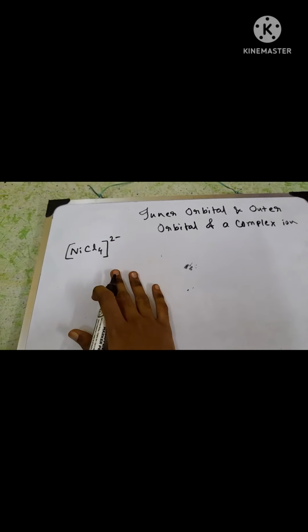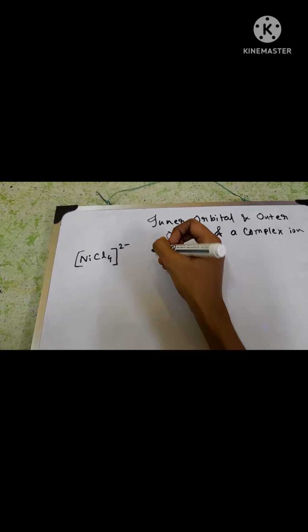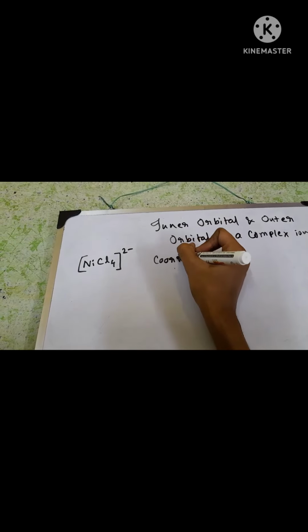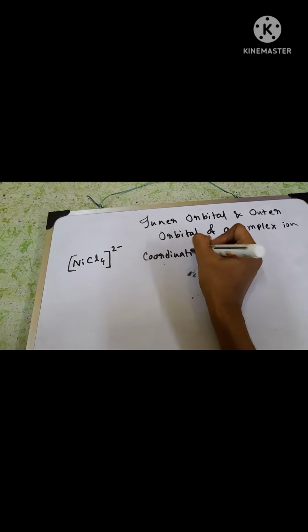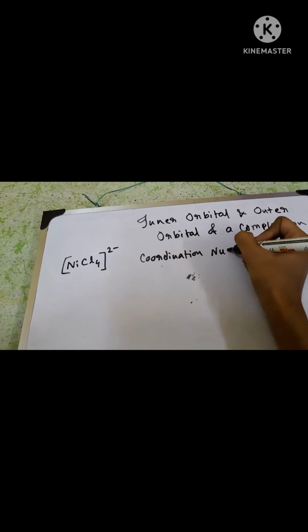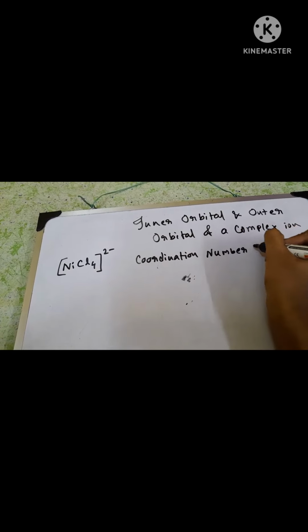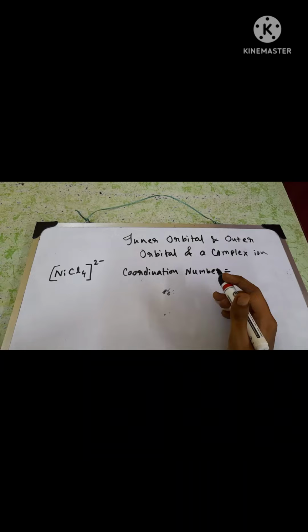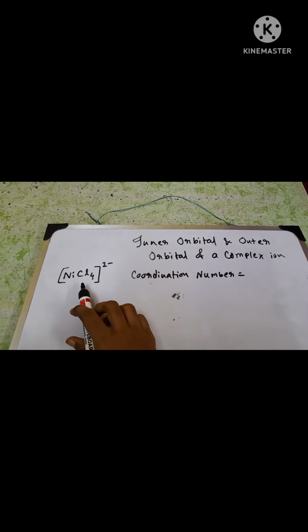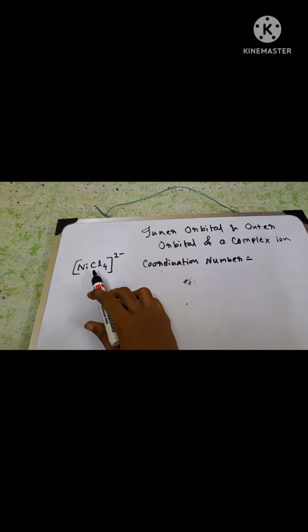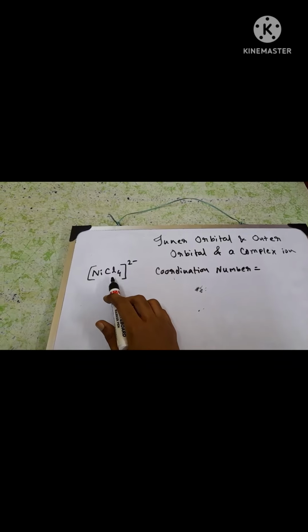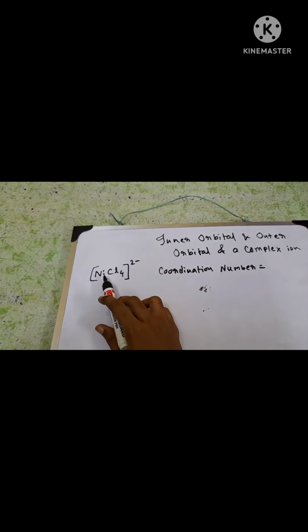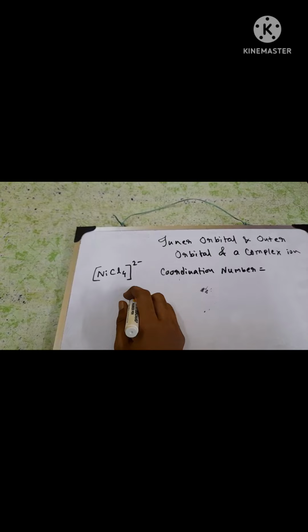First, I have to find out the coordination number. What is coordination number? In short, it is the secondary valency, not the primary one, of the central metal ion, that is, the ligands which are connected with the central metal ion, forming this type of complex compound.